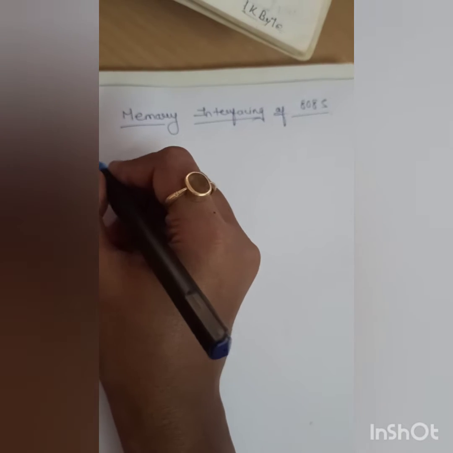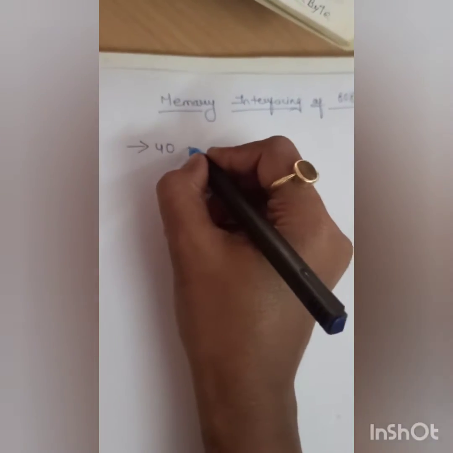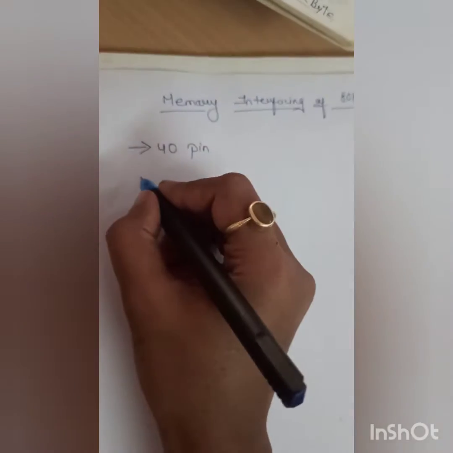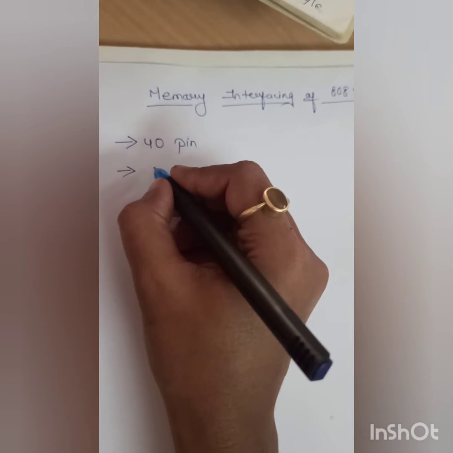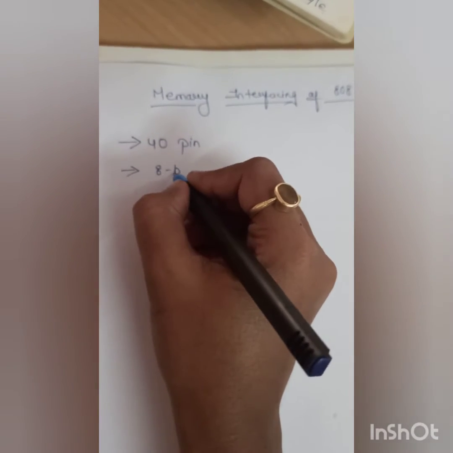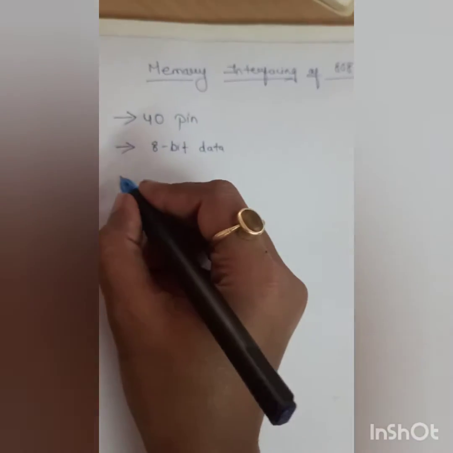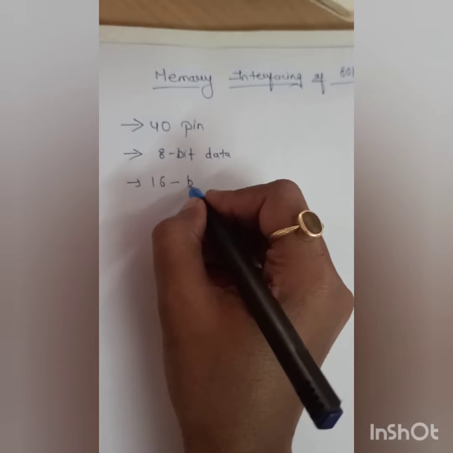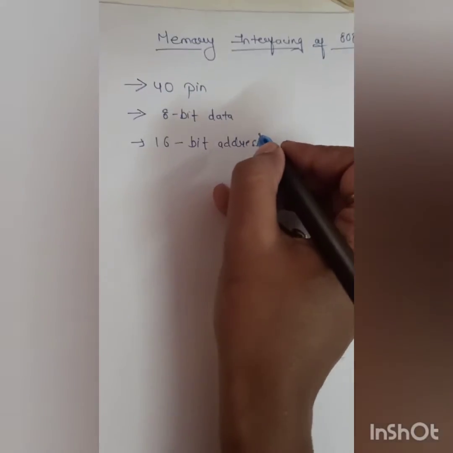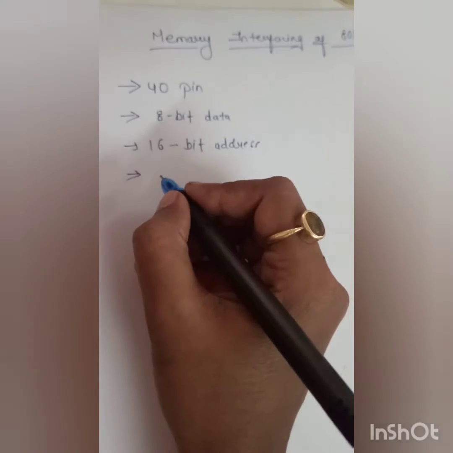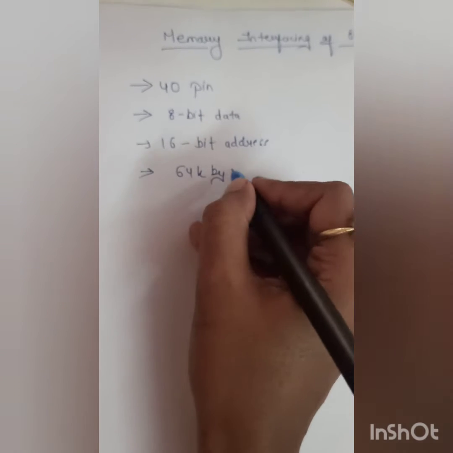As we know, 8085 consists of 40 pins, and it has 8 bits of data and 16 bits of address. It has 64 kilobytes of memory.